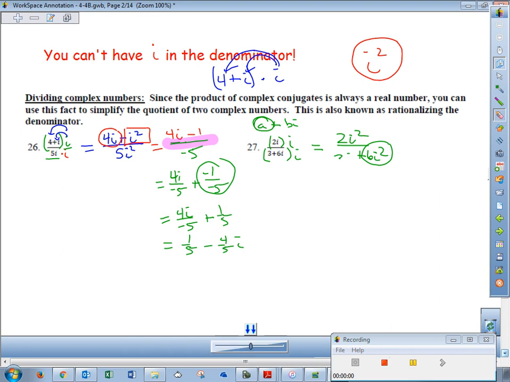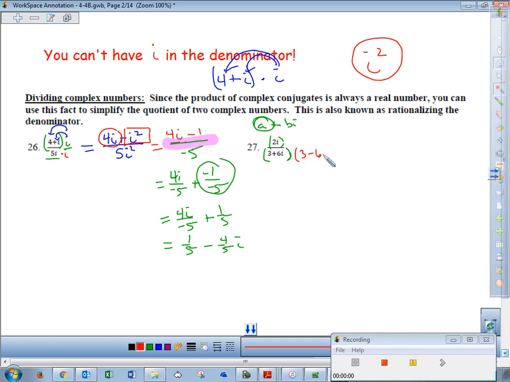What we need to do, since that's more than one term, is multiply by its complex conjugate. Because don't complex conjugates always multiply together to be a real number? So, who's the problem? 3 plus 6i. We need the conjugate of 3 plus 6i. What's the conjugate of 3 plus 6i? And it's got to be in parentheses, 3 minus 6i.